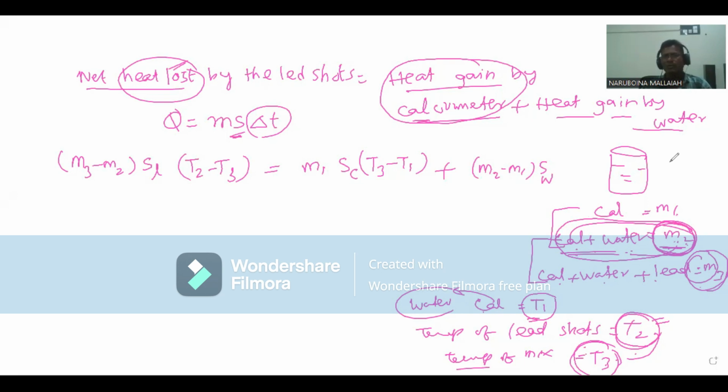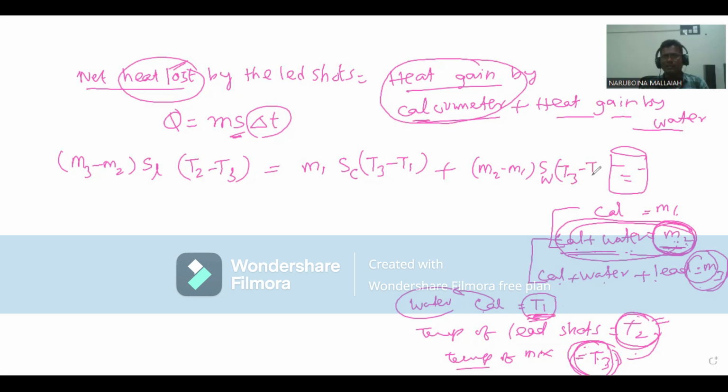Now temperature of the water. Initial temperature of water present in the calorimeter is T1. Final temperature of the water is T3. So here we have to subtract T1 from T3, T3 minus T1.